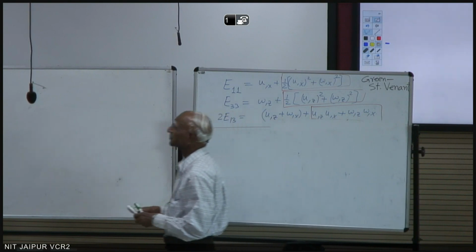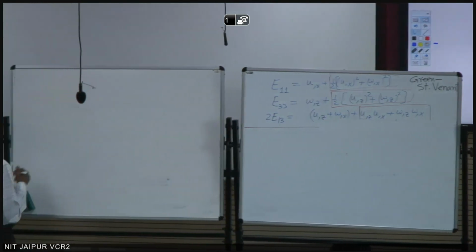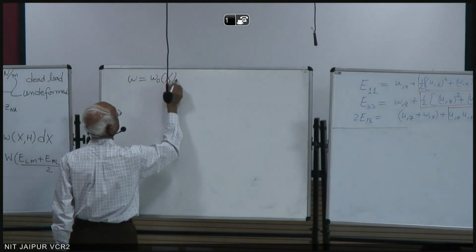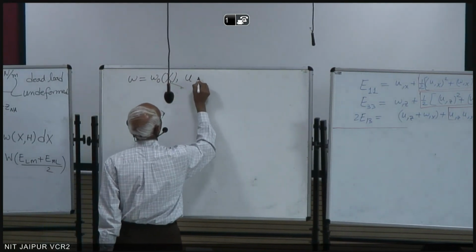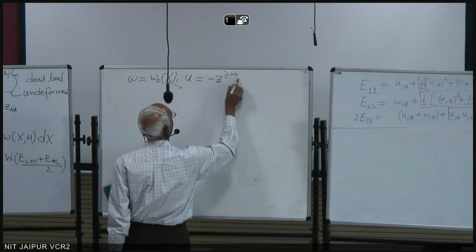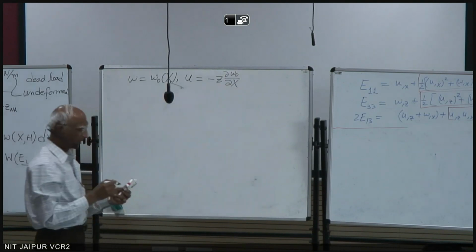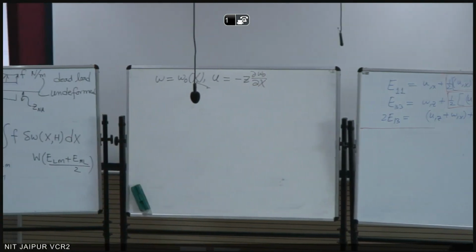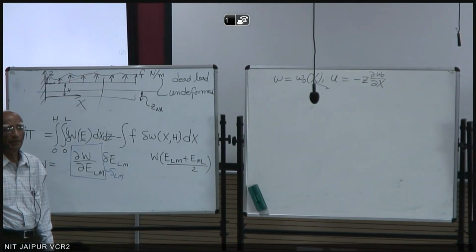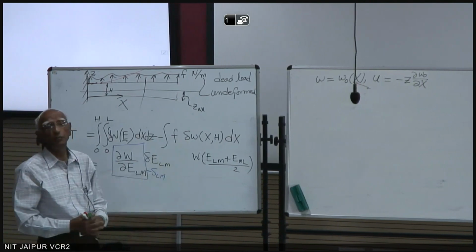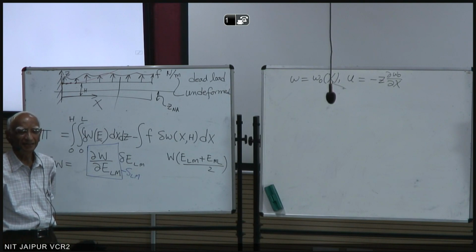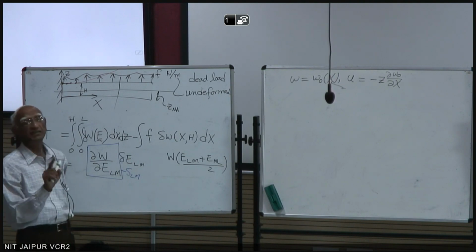In the Euler-Bernoulli beam theory we wrote yesterday, we said W equal to W0 of x, and U is minus z ∂W0/∂x, where z is measured from the neutral axis. So the reason this will not work, pardon me? Yeah, sorry, go ahead. It does not account for the change in thickness.